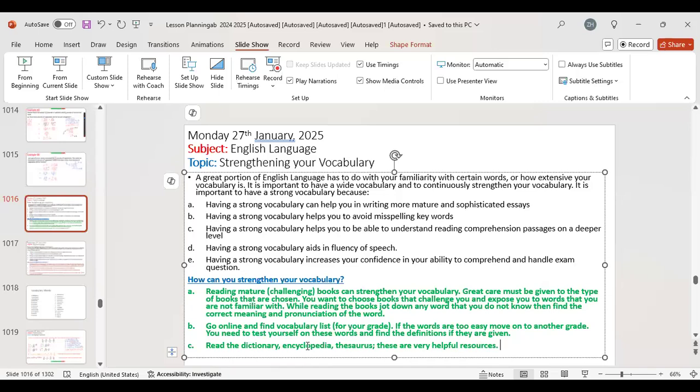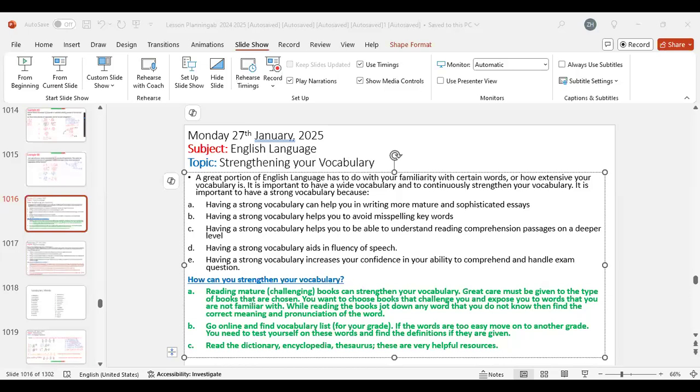Very good, excellent. So the dictionary gives you the meaning of the word, and the thesaurus gives you synonyms for the word.